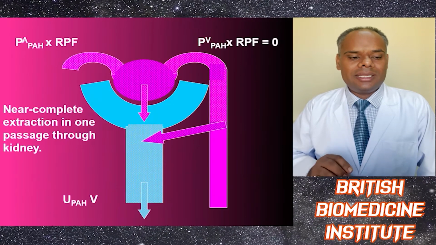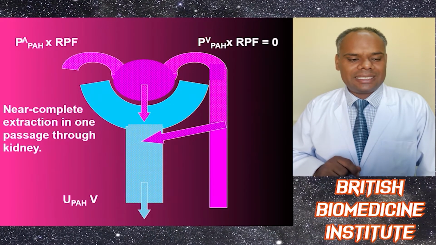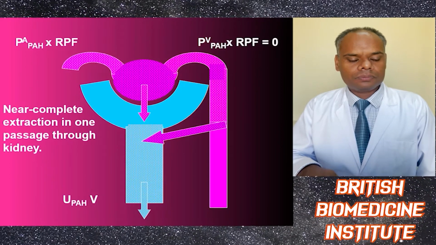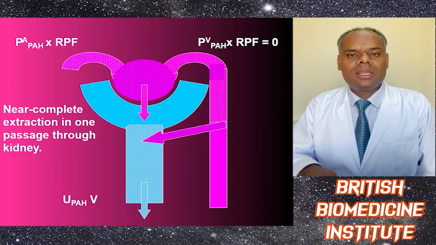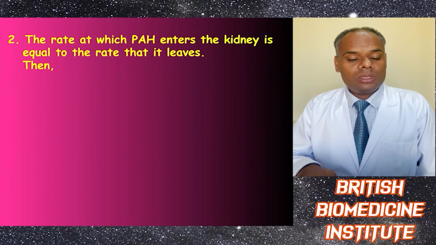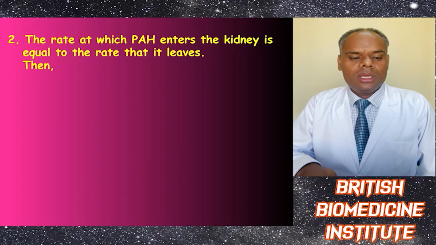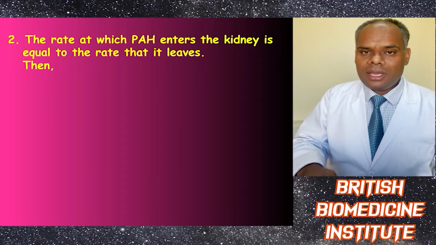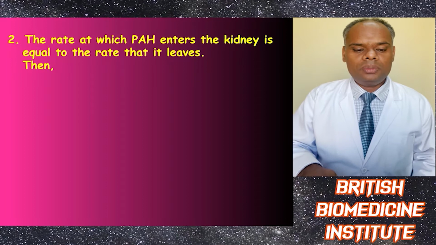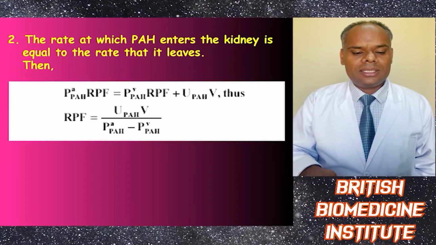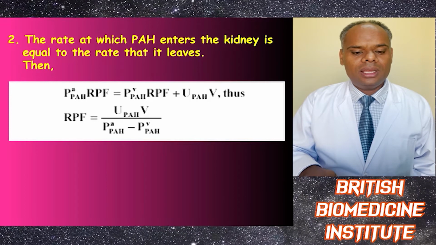So basically there is a near complete extraction in one passage through the kidney. The rate at which PAH enters the kidney is equal to the rate that it leaves. Then RPF equals U PAH V divided by P PAH minus PV PAH.